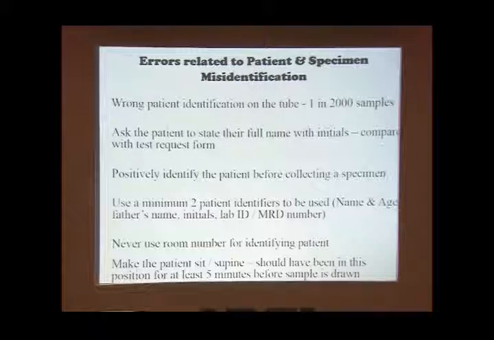But when you try to write the hospital number or the ID manually, we all tend to make mistakes. So you can see if you receive 2,000 samples, at least one will be wrong. And we all know that you have to use 2 identification markers and never use room number for identifying. All this we follow.